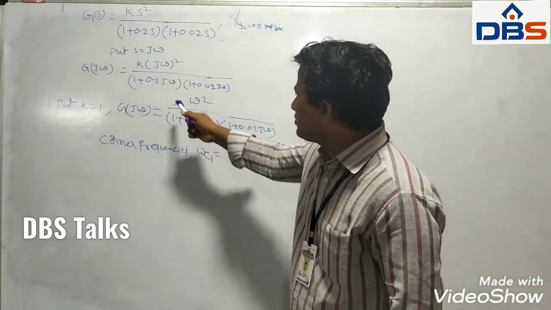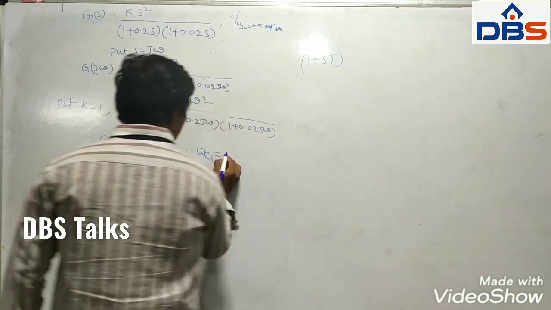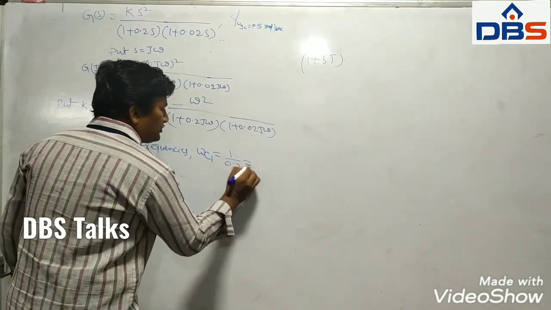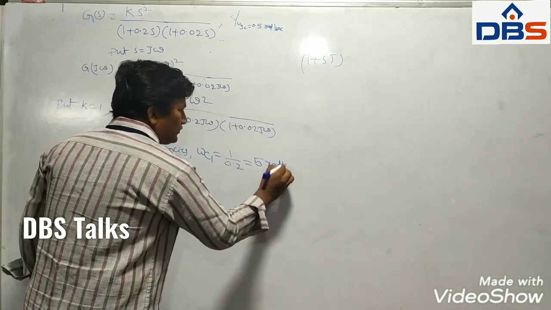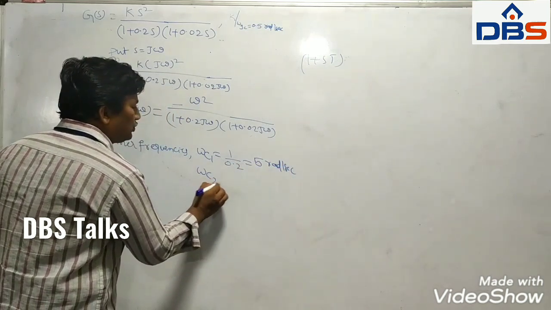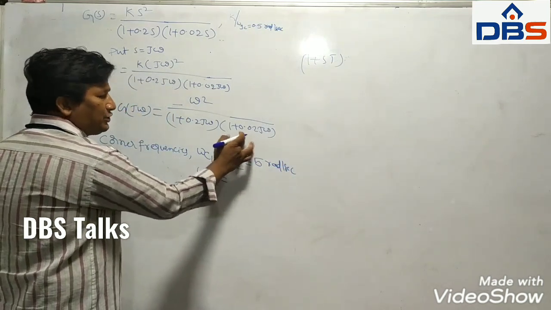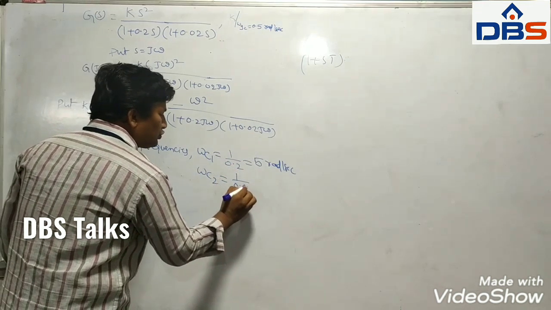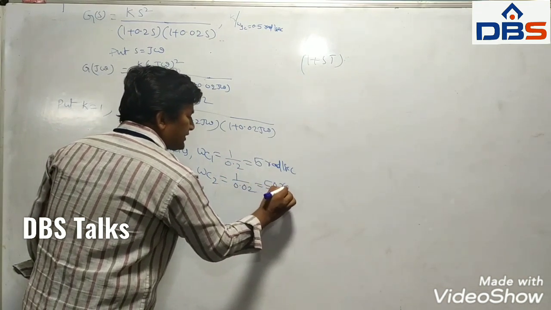So omega c1 is 1 by 0.2, which is 5 radians per second, and the second corner frequency omega c2 is 1 by 0.02, which is 50 radians per second.